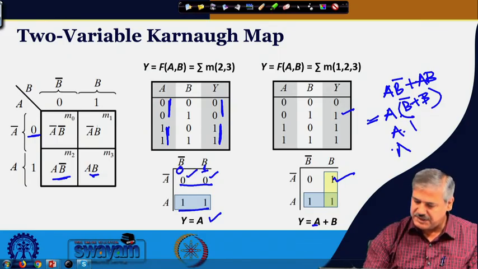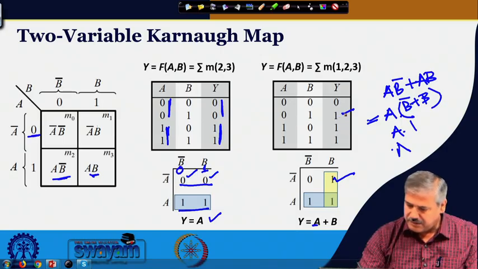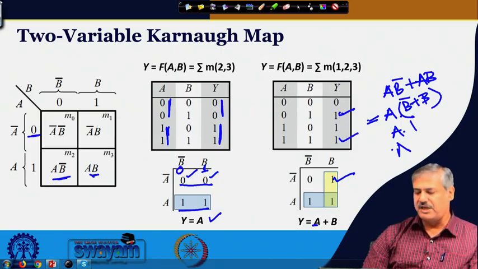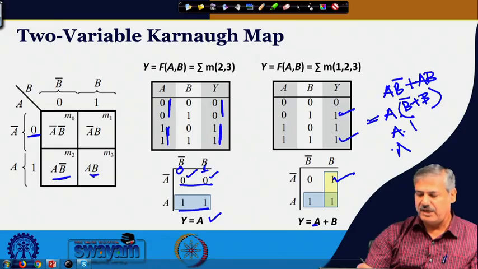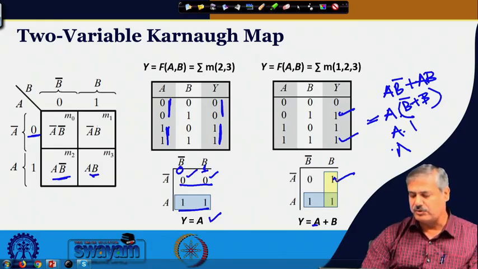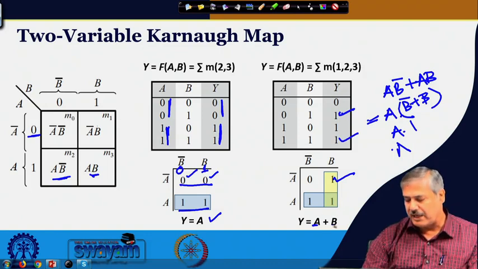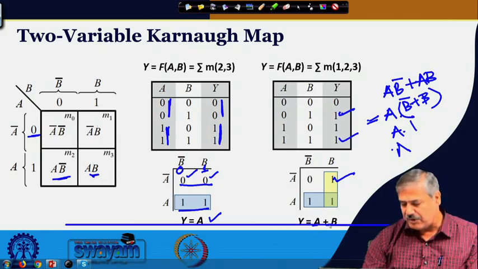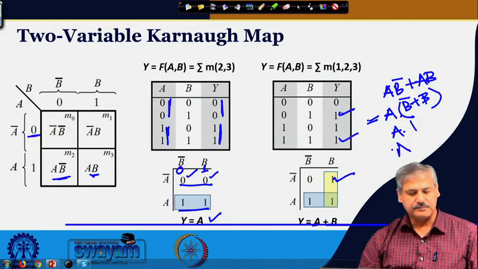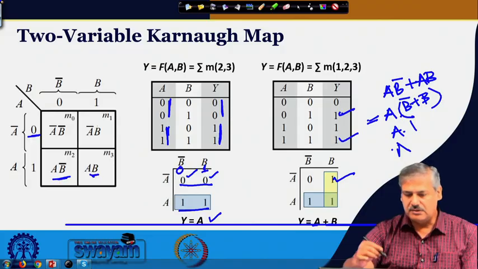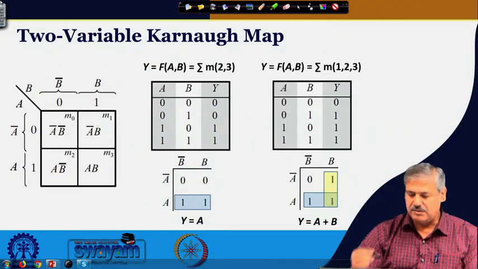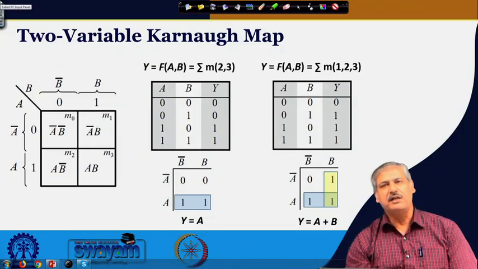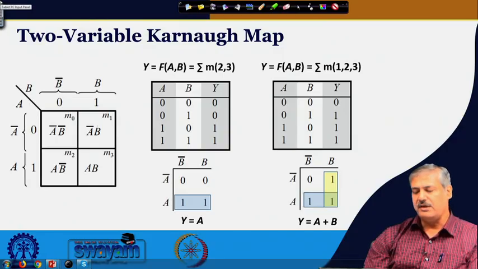So, this is the case when b is 1, the output is 1, right, and these two can be grouped together, and in the absence of this we would have got y is equal to b. So, these two can be put together and we get y is equal to a plus b, the OR representation.